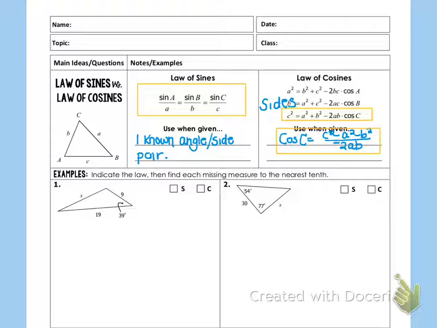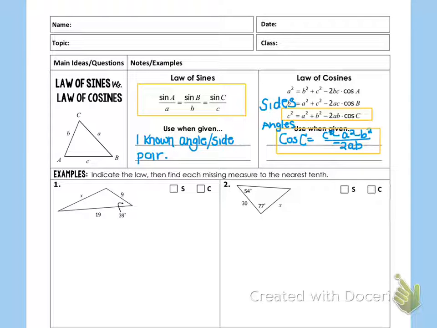And so our final step in that process, once we figured out what the numerator and the denominator were, was to take the inverse cosine. And again, that one is going to be used to find angles, but in order to do so, you'd have to know all of the sides in the triangle. So that's called the side condition.